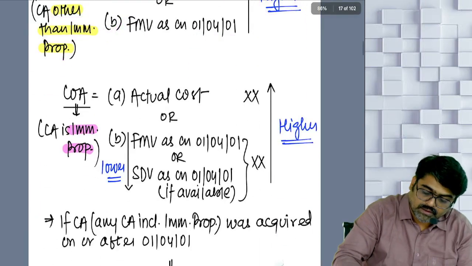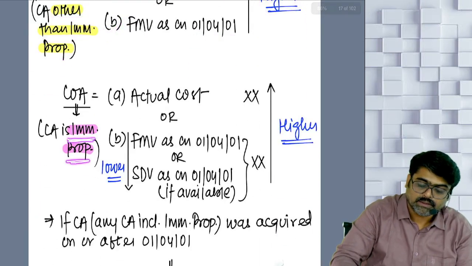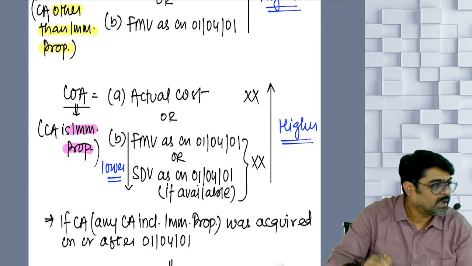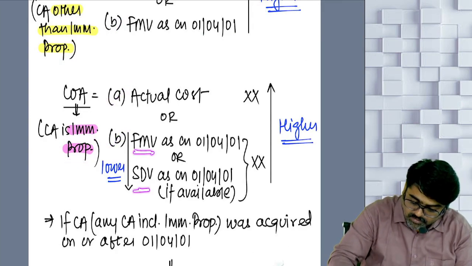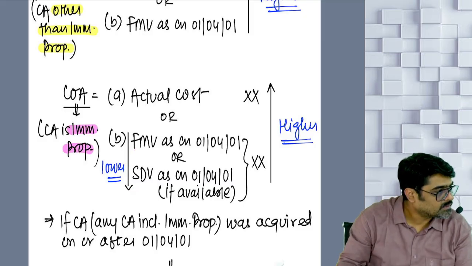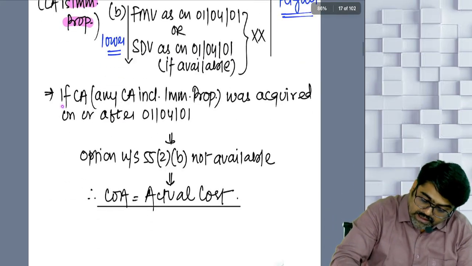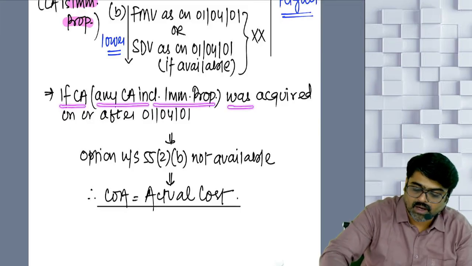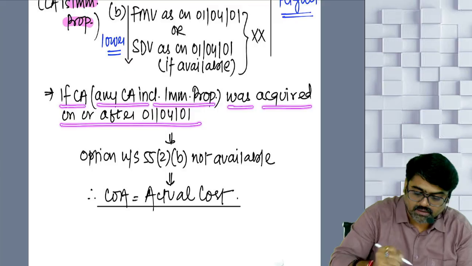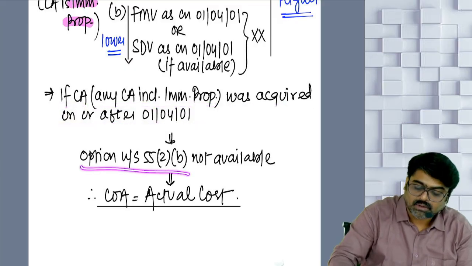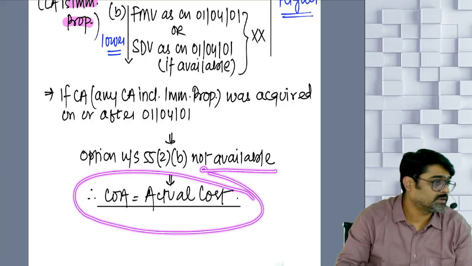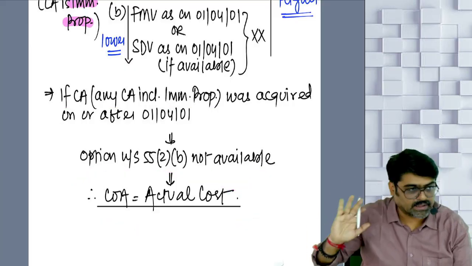But what if the capital asset is immobile property? Still you can take this option, actual cost or fair market value, whichever is higher, but your fair market value cannot be more than stamp duty value. That's it. But if any capital asset, including immobile property, was acquired on or after 1st April 2001, then the option under section 55(2)(b) is not available. And what will be the cost of acquisition? Actual cost. This entire thing I have discussed so far.